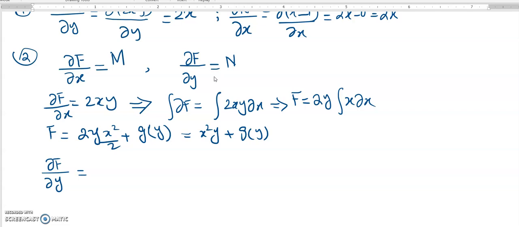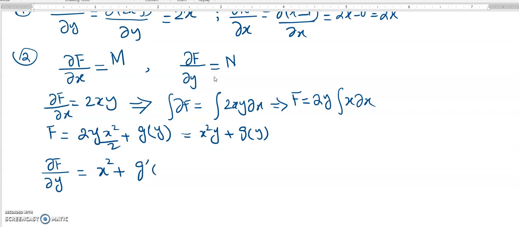So partial F over partial y is equal to what? We differentiate with respect to y. It was x squared y, so x squared will be a constant, so it will be x squared plus g prime of y, the derivative of g.